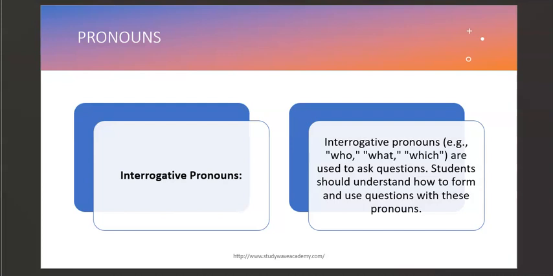For example, who carried my bag for me? What color is this? Which school is this? Or what is the name of this school? You notice these are interrogative pronouns. They're used to ask questions, and this is quite simple because we know about them.